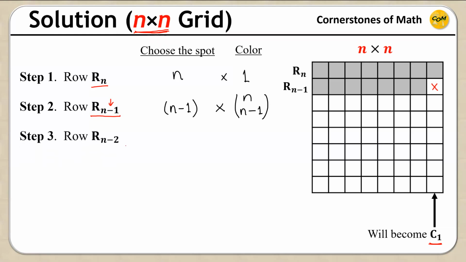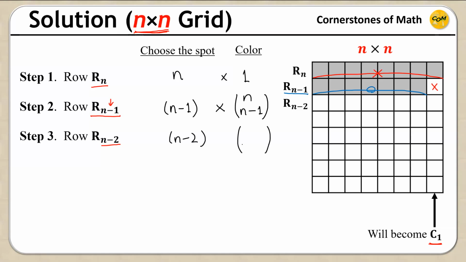Next, determining the location for row Rn-2 and coloring it. The number of remaining rows for Rn-2 is n-2. Once the location of Rn-2 is determined, we then choose n-2 columns that will be colored, but not from n total columns, but from only n-1 columns where corresponding columns of Rn-1 are colored.